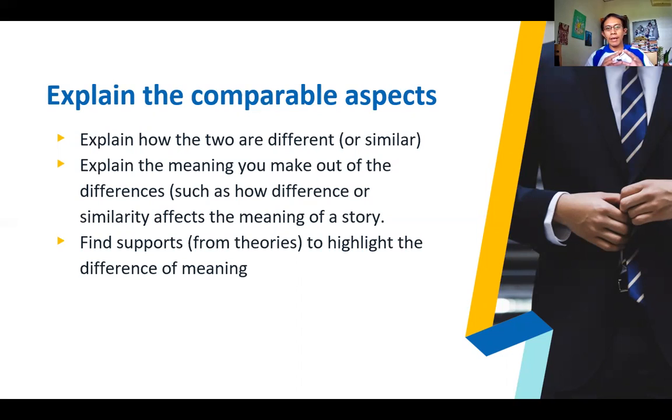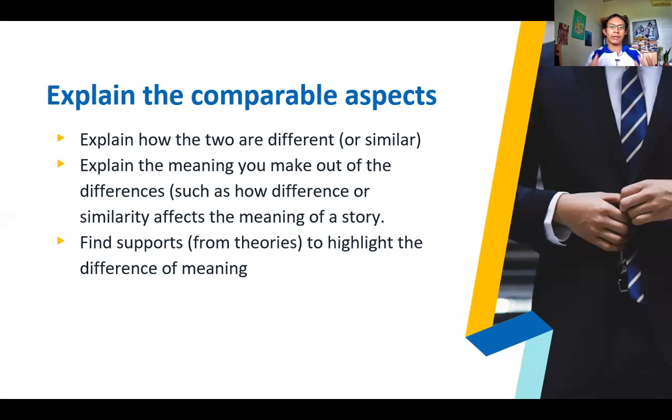And after you make that first explanation, you find support, just like what we did earlier with the descriptive qualitative method. You also find support from theories, from concepts, from different fields of studies to support your explanation or your interpretation of those differences.